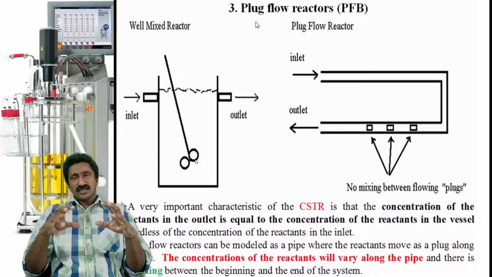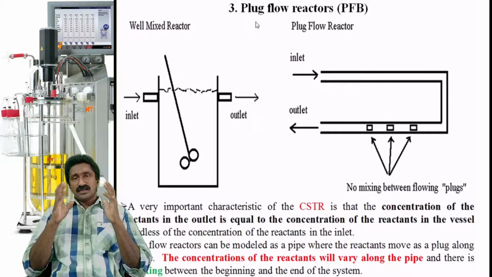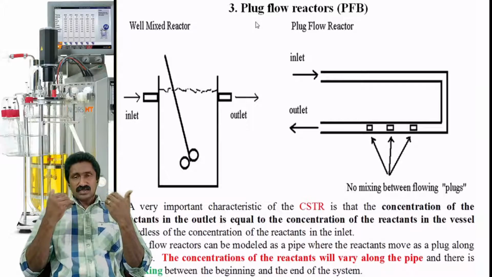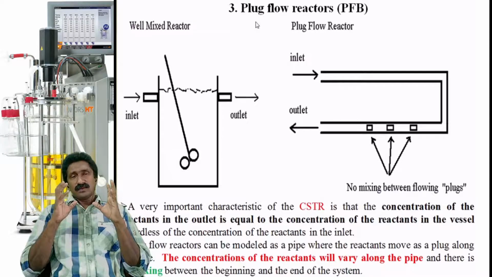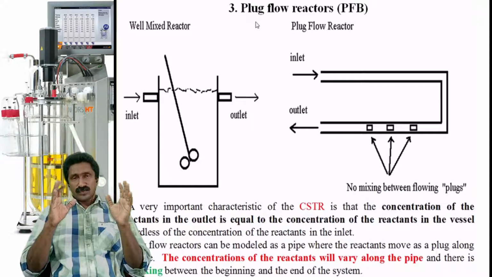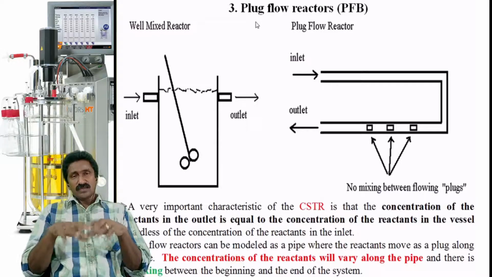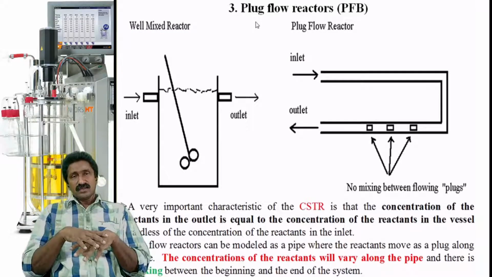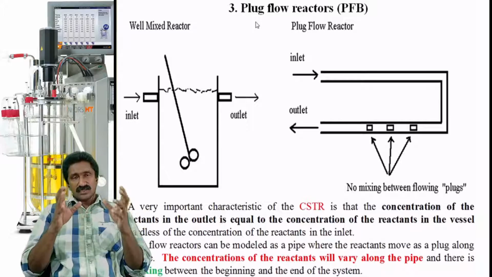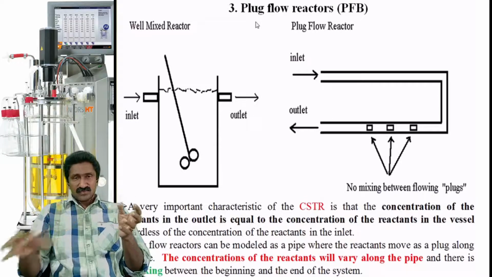So the mixing in a stirred tank reactor is usually uniform, in such a way that all the cells in the medium will have the same environment.